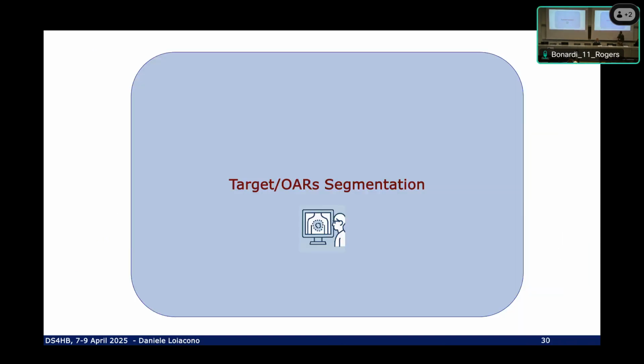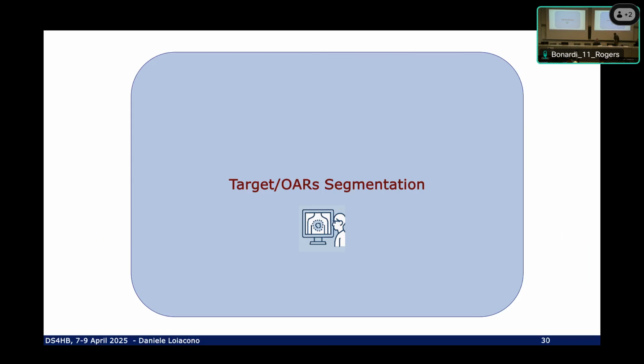application that I want to present to you is probably the most obvious and popular type of application of AI in radiotherapy, that is the target and organ at risk segmentation.